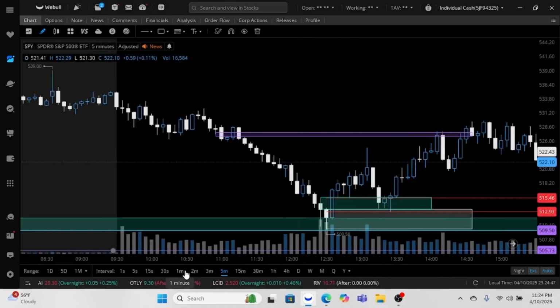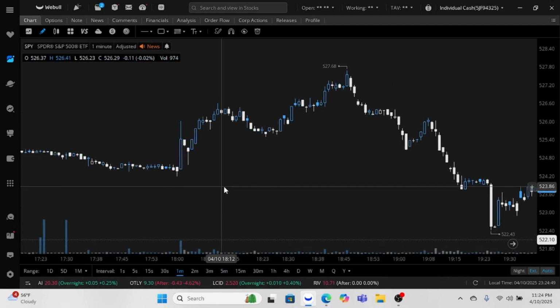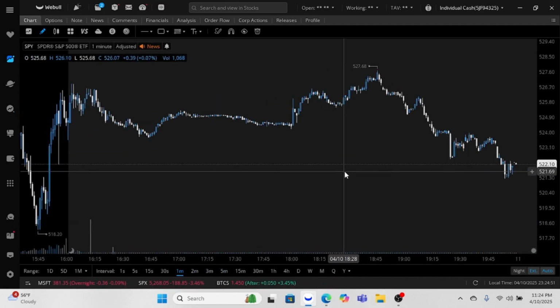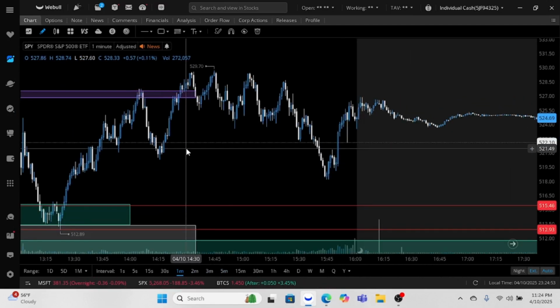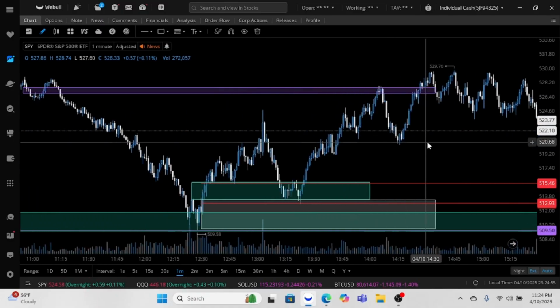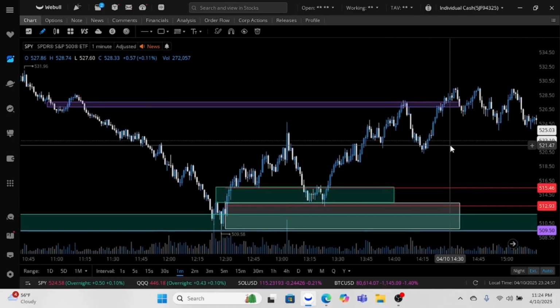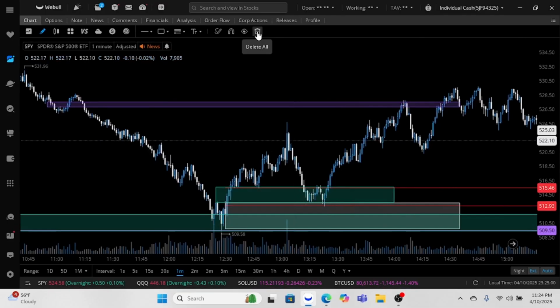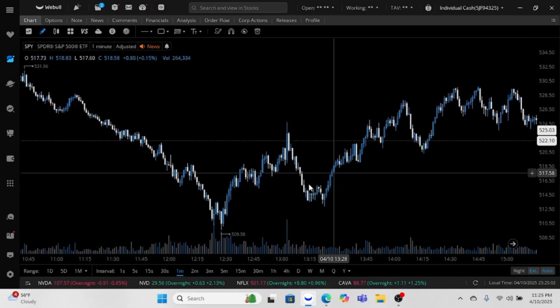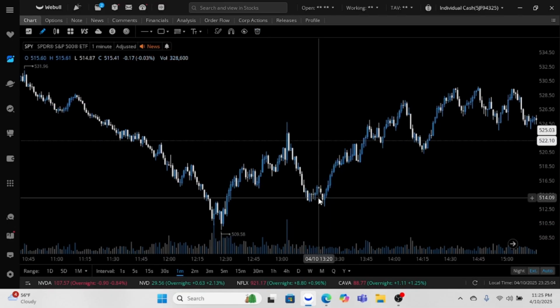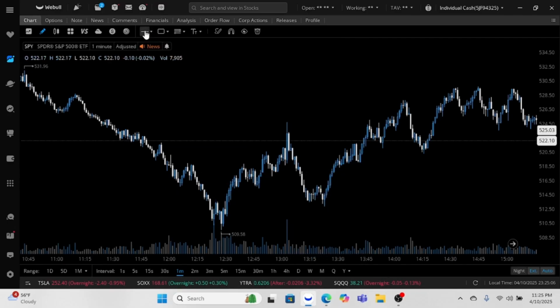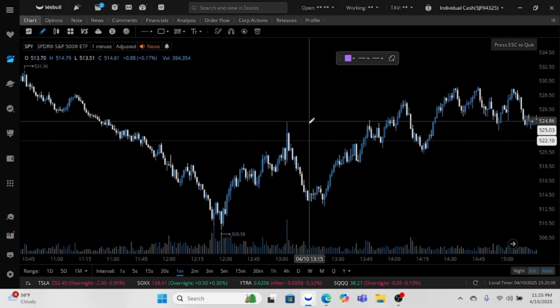Let's go to a lower time frame. Let's look at the 1 minute. So look, let me clear all this stuff out. Say you didn't want to enter there. We come up. We break market structure above this high.